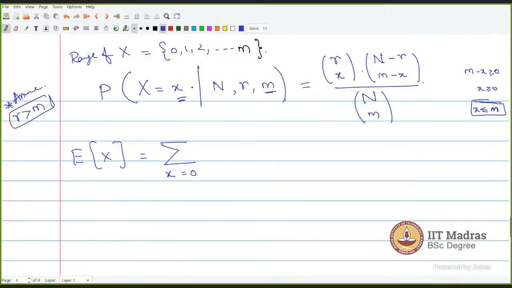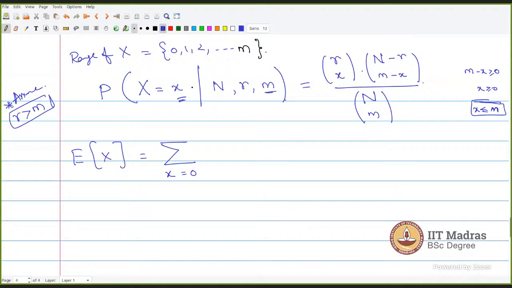So you are choosing only, let's say, 100 people out of your bigger population. Can your X go beyond 100? Can we observe more than 100 type 1 people in a sample of 100? No, right?